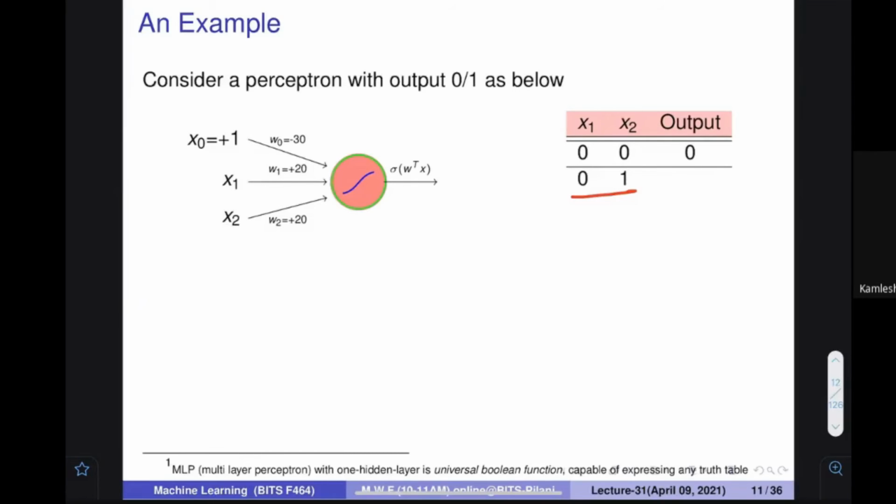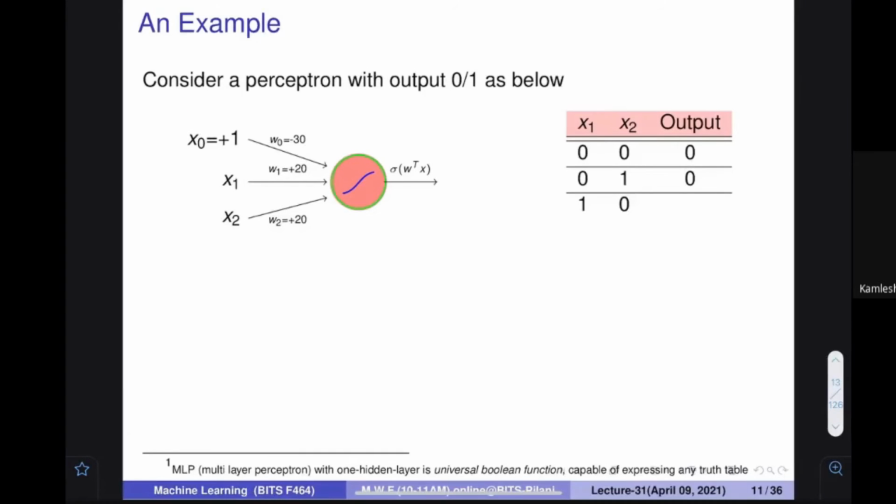All of you. 0, again 0. Because this is minus 30, and if x1 is 0, then this value becomes 0. Then the second value is 20 multiplied by 1. It is again minus 10, and therefore the output is 0.